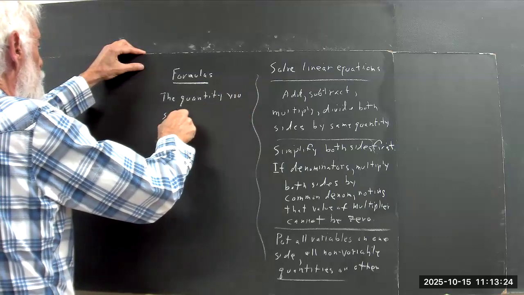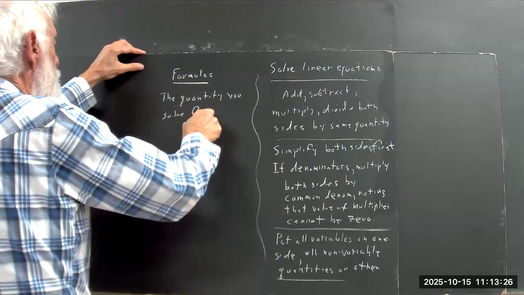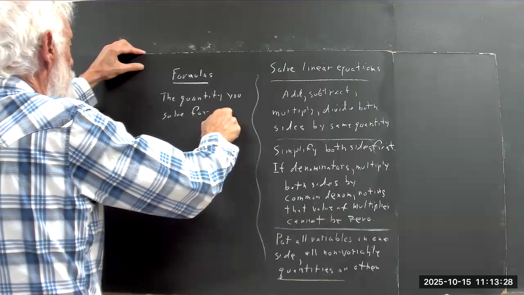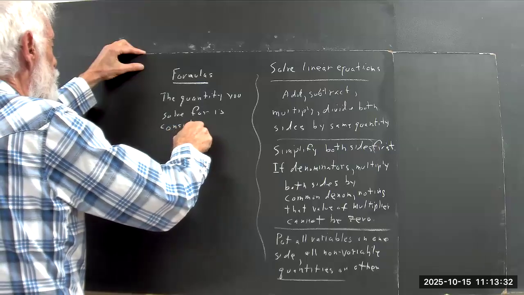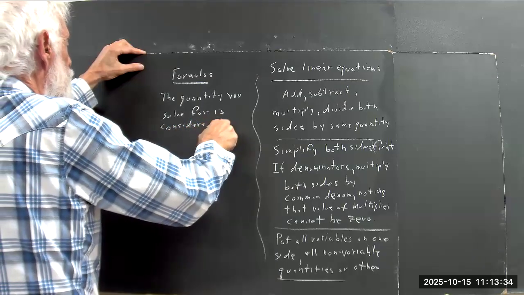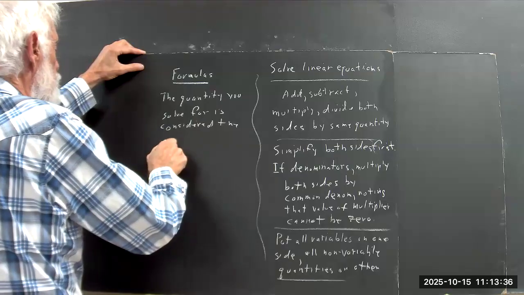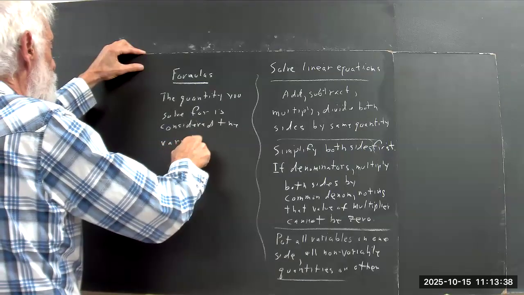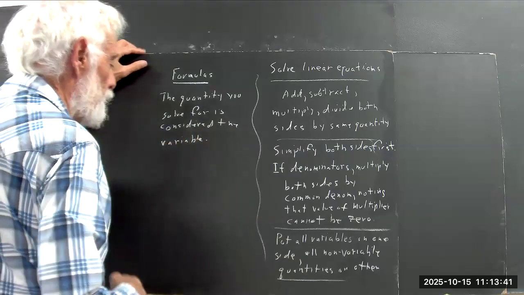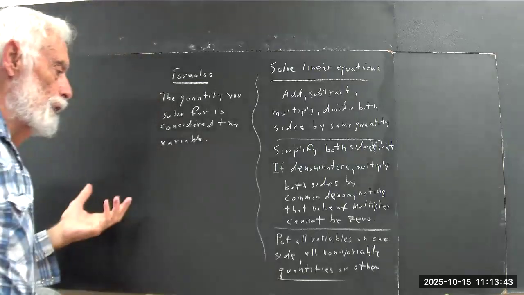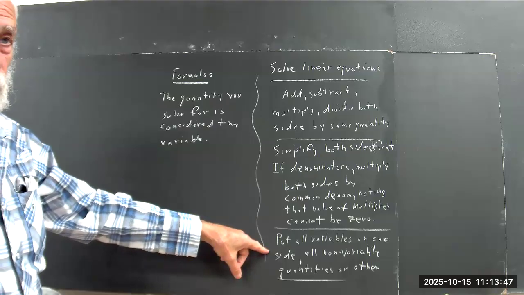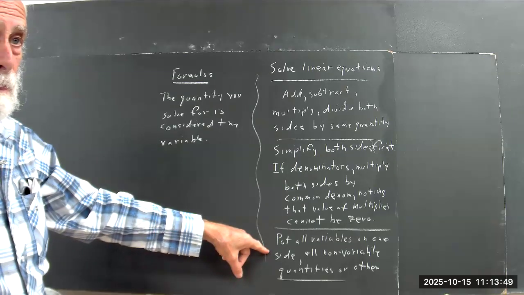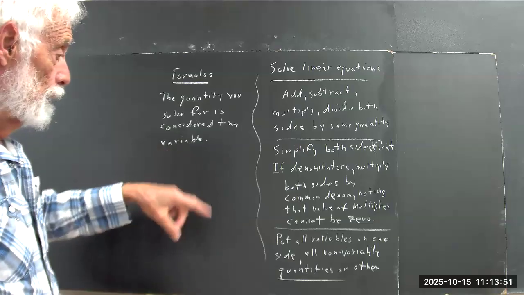Quantity you solve for is considered the variable. Everything else is non-variable. So again, you follow this rule, put all the variables on one side and solve.